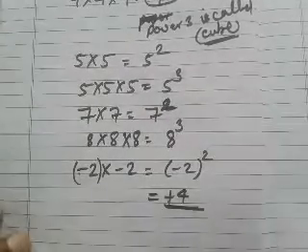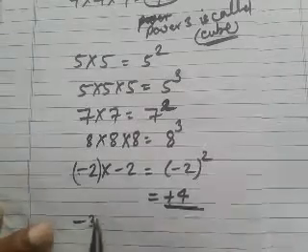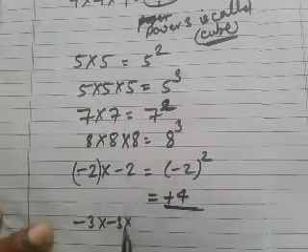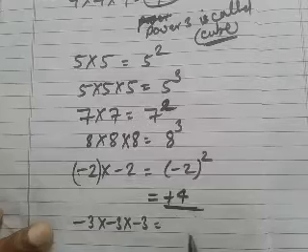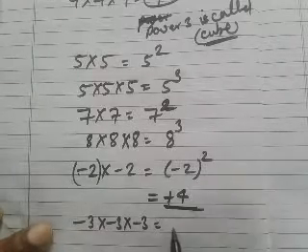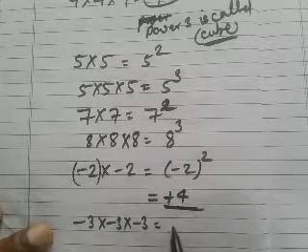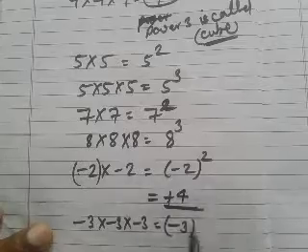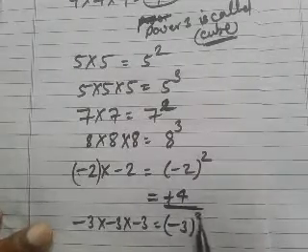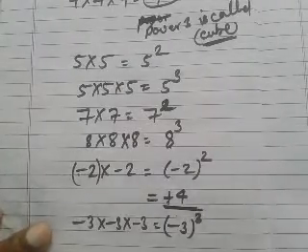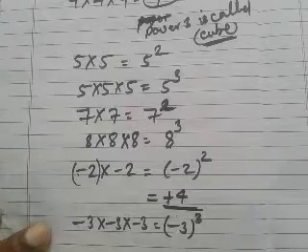Suppose this time we take another example, -3 multiplied 3 times. We can write this number in short form with -3 as the base and its power 3, cube.